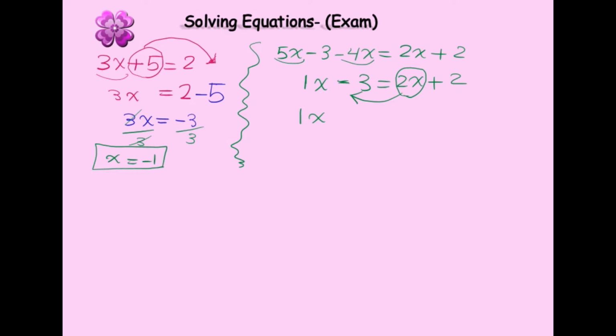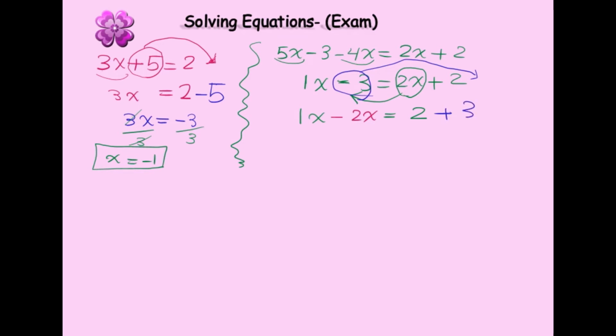It is positive 2x, it becomes negative 2x, and then I will reach equal. On the right side, I have positive 2, and now I'm supposed to move negative 3 to the other side because it doesn't have x, yes? So when you move it, negative 3 becomes positive 3.